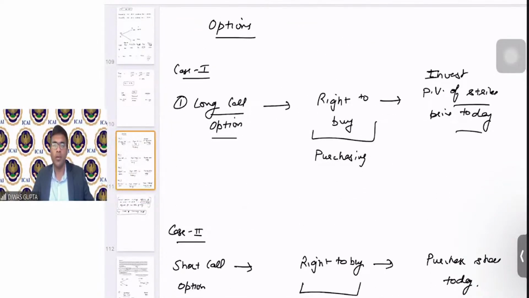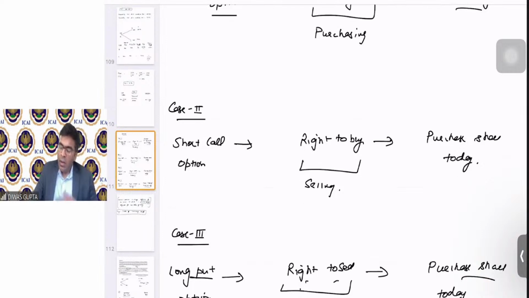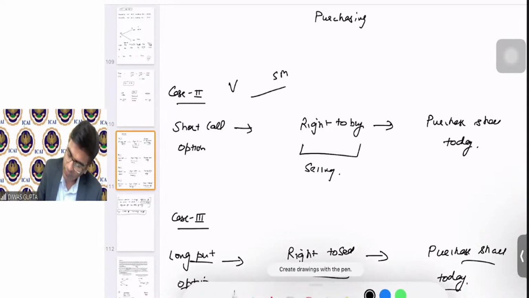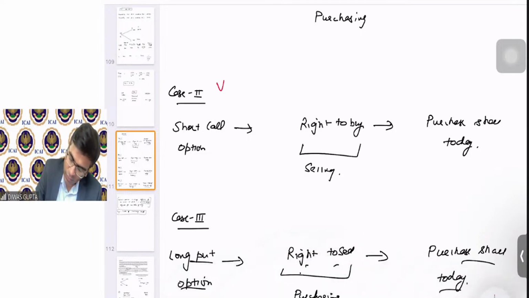Now hear me out. Case 2 is used in valuation of call option under the Black-Scholes model.